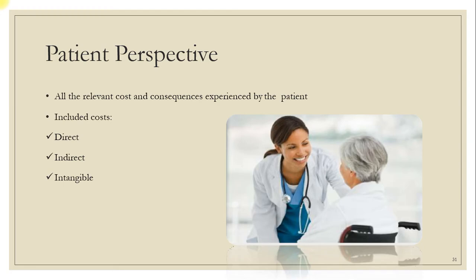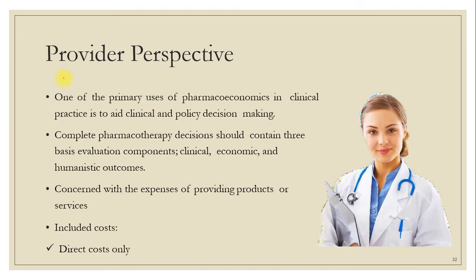Then let's see what the patient perspective is. That is all the relevant cost and consequences experienced by the patient, and includes costs such as direct cost, indirect cost, and intangible cost. Next is the provider perspective. One of the primary uses of pharmacoeconomics in clinical practice is to aid clinical and policy decision making. So complete pharmacotherapy decisions should contain three basic evaluation components: the first is clinical, the second is economic, and the third is humanistic outcomes.